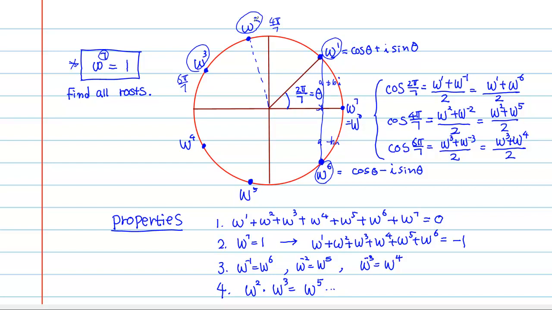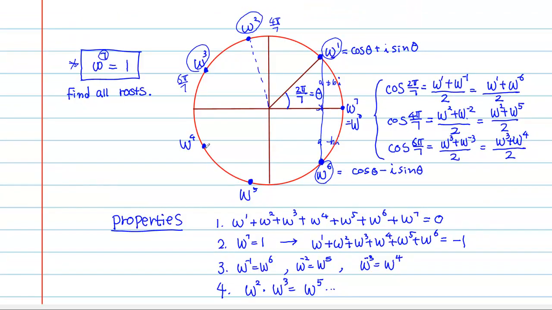This is W2 plus its conjugate, divided by 2. And cosine 6 pi over 7 equals W3 plus W negative 3, over 2. W negative 1 equals W6, the conjugate. W negative 2 is equal to W5, and W negative 3 is W4.